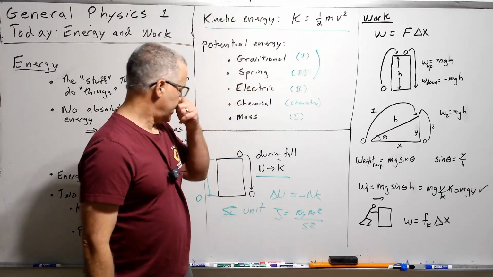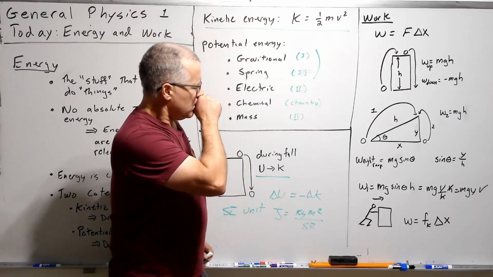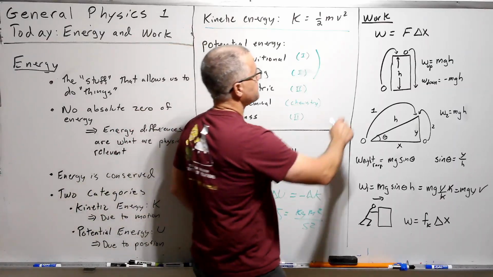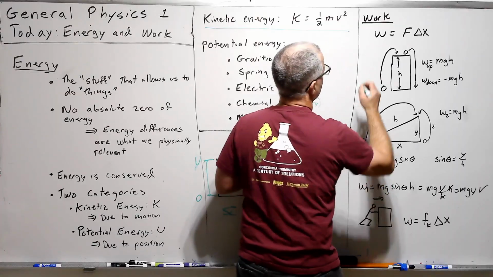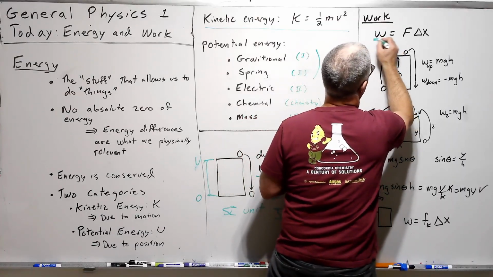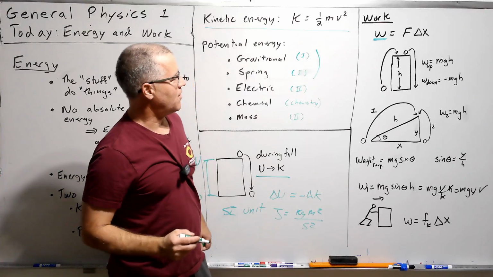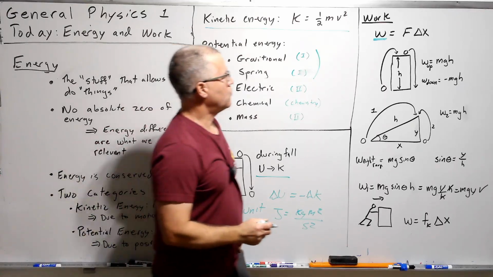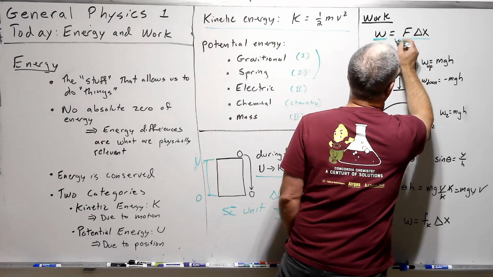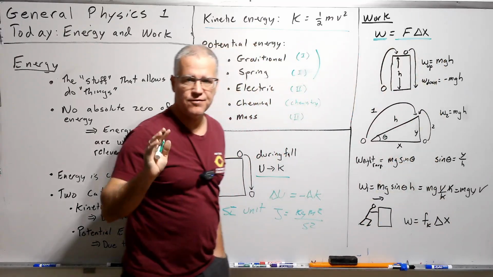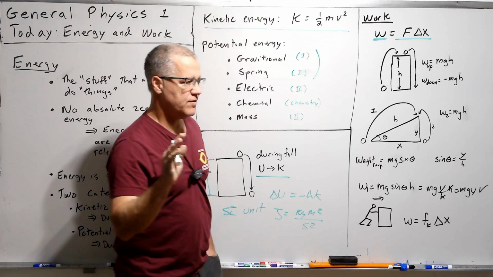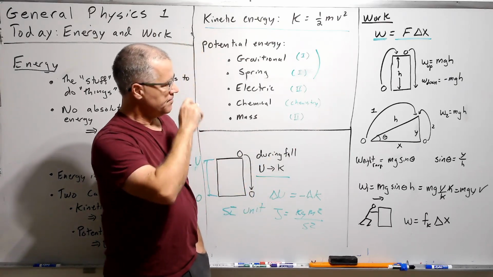So let's look at this work, and notice here we're going to use a W, which was weight before, but this is work. Work is force over a distance. So the force that is exerted to move an object through a distance.